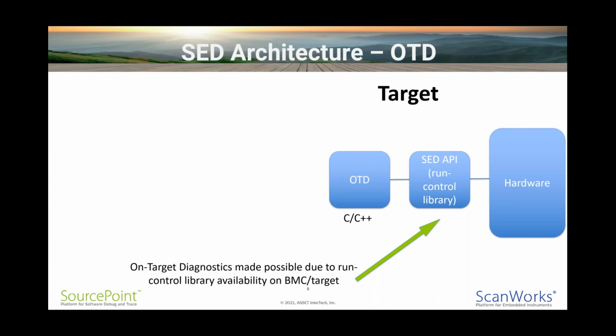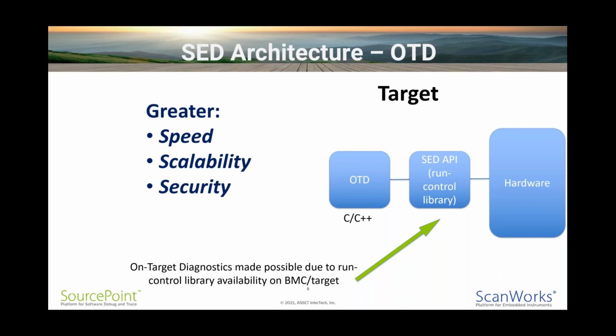That, of course, is only possible if you've got access to the API, in our case the ScanWorks Embedded Diagnostics, or SED API, and this has the benefits of speed, scalability and security that I mentioned on the prior slide. As a matter of fact, the BMC is now running autonomously, without a backhaul to any sort of remote workstation.